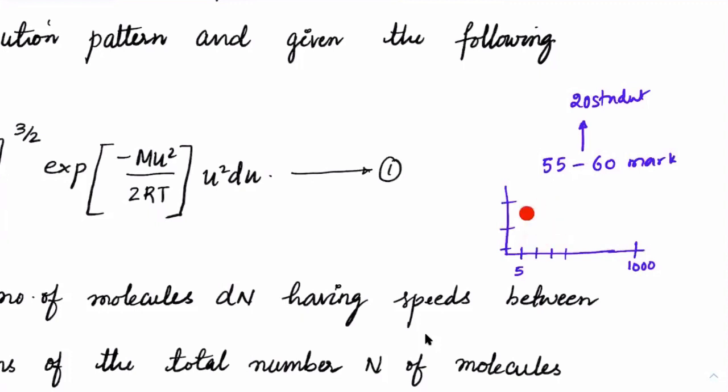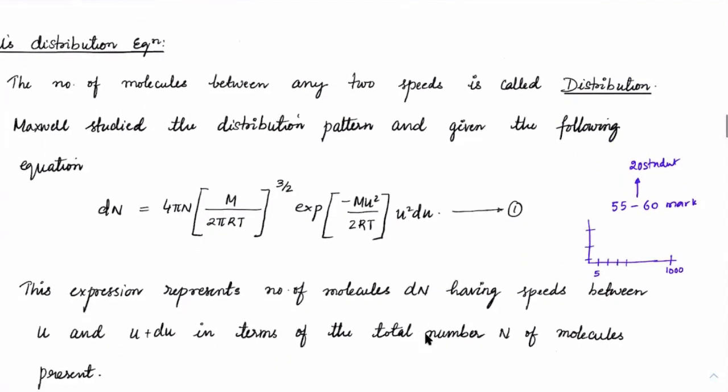If I keep plotting the ranges of marks versus the number of people present in that range, this is called the distribution of your class. I guess all of you understood what it is.